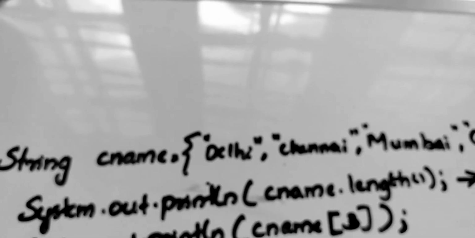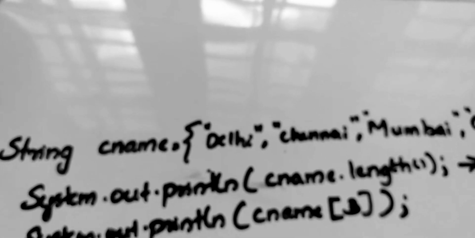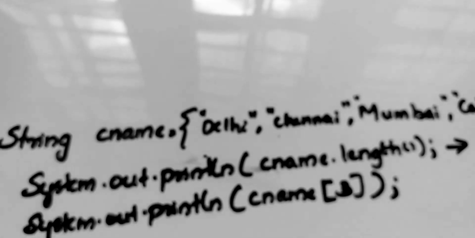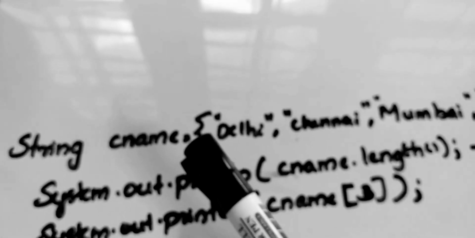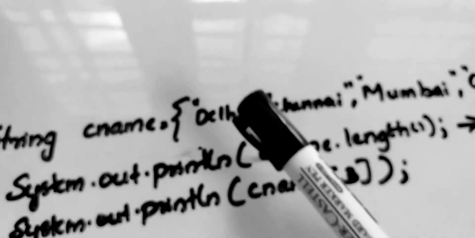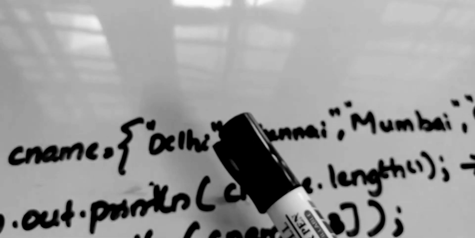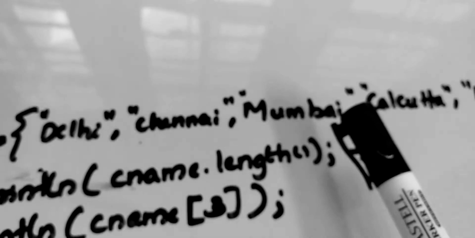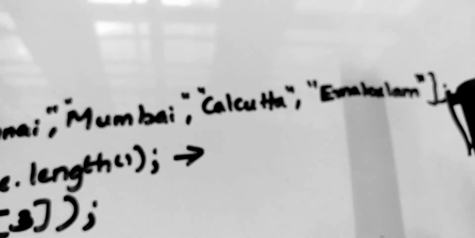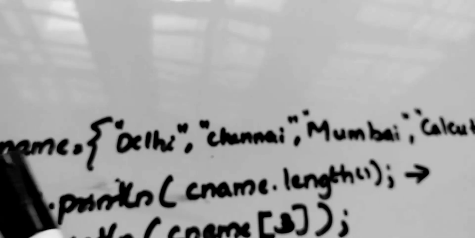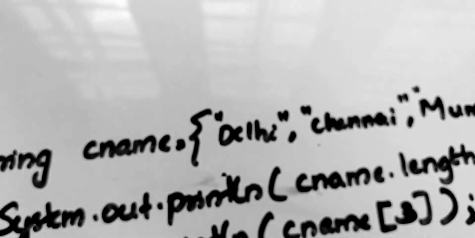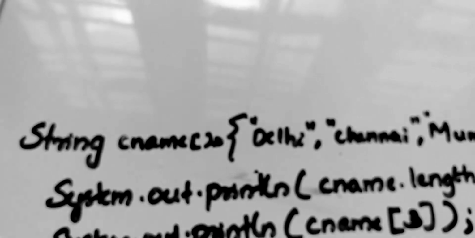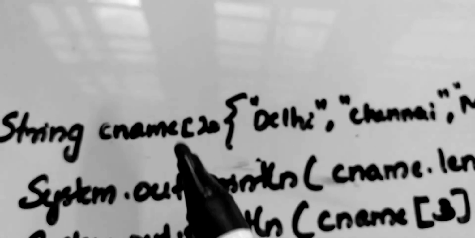Just consider this question. This type of question will be asked in your board exam. Just consider this: String CNAME, for city name, equal open brace. The first city name is Delhi, then Chennai, Mumbai, Calcutta, Ernakulam, and after that a closing brace. See what is the specialty of this array CNAME?